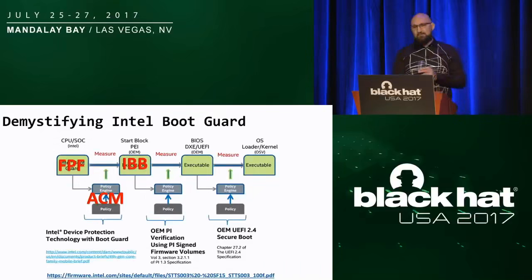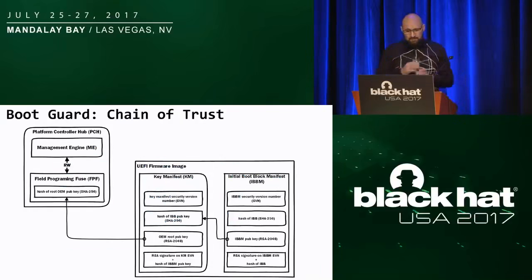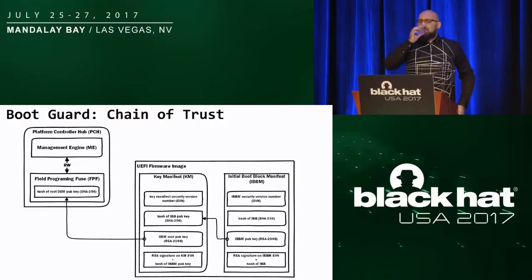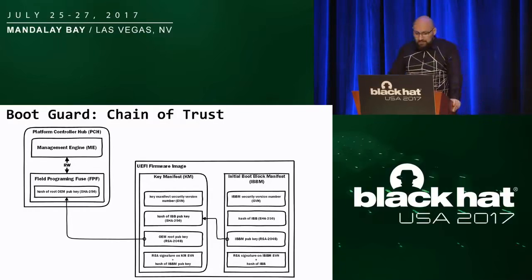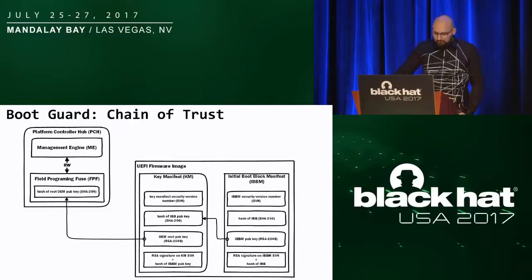This is what the previous slide says specifically, and we can see that on the PCH we have the field programmable fuse. It's the register that stores the hash of the OEM public key. And in the firmware we have two manifests. The first manifest is the key manifest, and the second manifest is the initial boot block manifest.